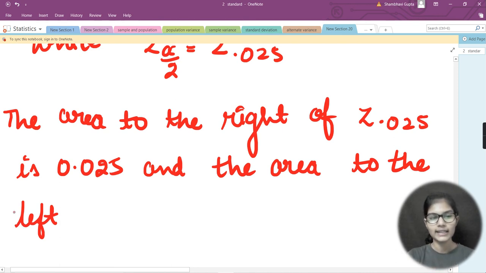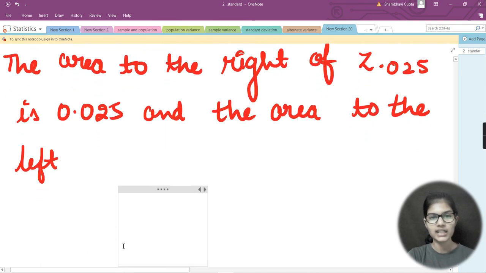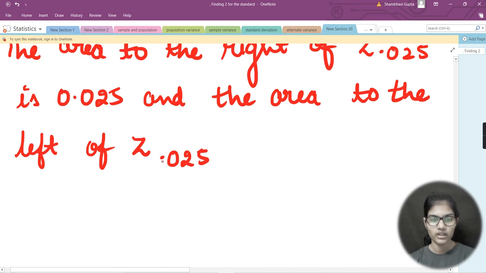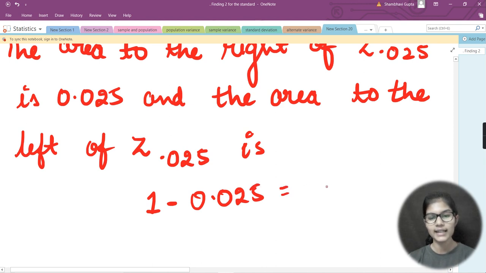For the left-hand side, I would write the whole statement: the area to the left of z 0.025 is obtained by subtracting the value of alpha by 2 from 1. So 1 minus 0.025 is approximately 0.975.